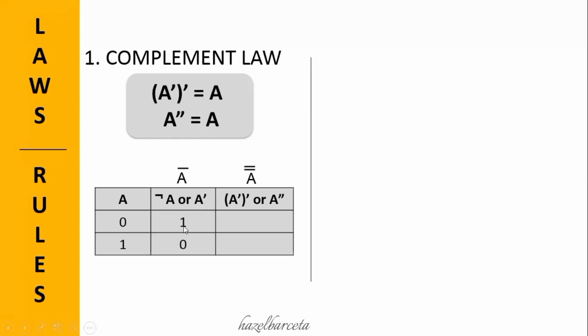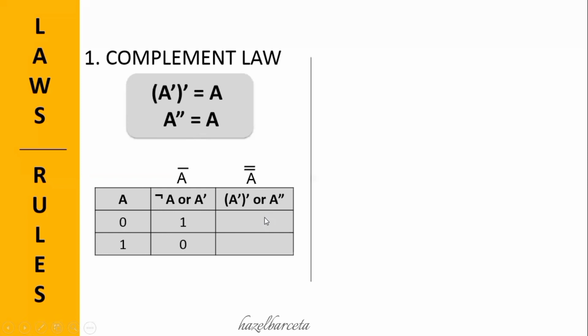So, here, first negation or the first complement of 0 is 1. Ang first complement naman po ng 1 ay 0. Since double na po ang andito, double prime, kukunin din po natin yung complement na first negation. So, kukunin din po natin yung inverse nito.